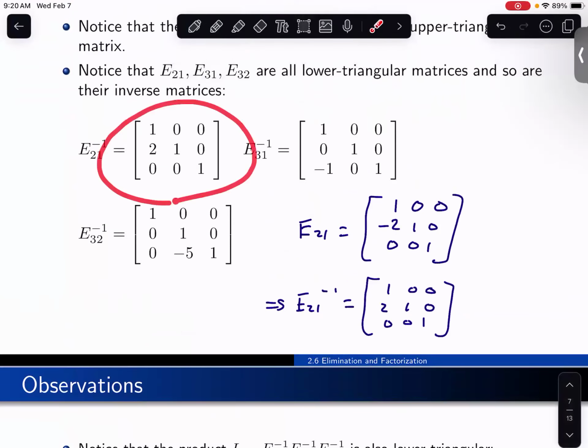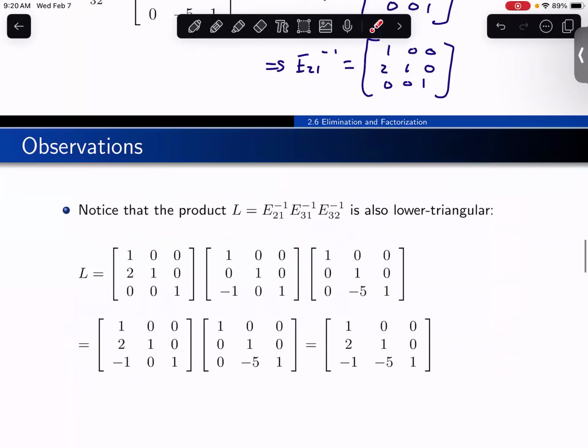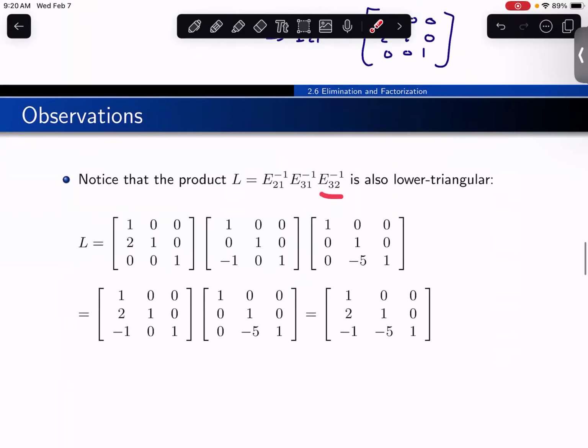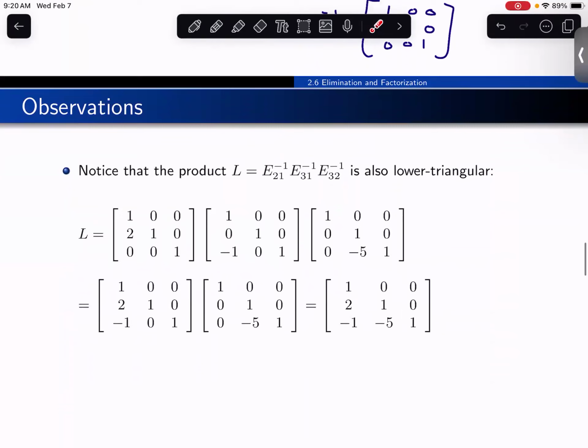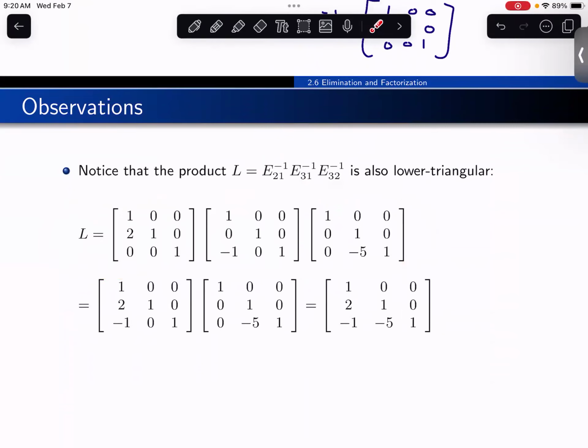We just have a product of lower triangular matrices. So if you took the product in the order of E21 inverse, E31 inverse, then E32 inverse, we end up getting the following product. If you multiply these two matrices together, all that really happens is you're combining a 2 in the 2-1 entry and then a -1 in the 3-1 entry.